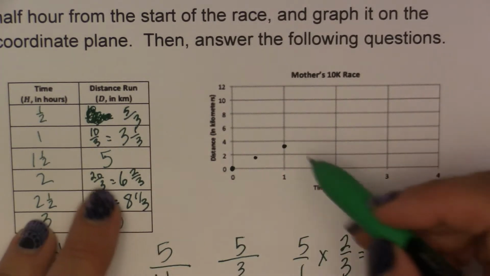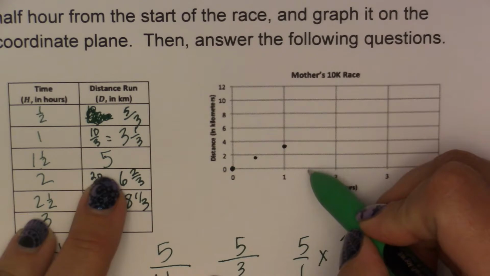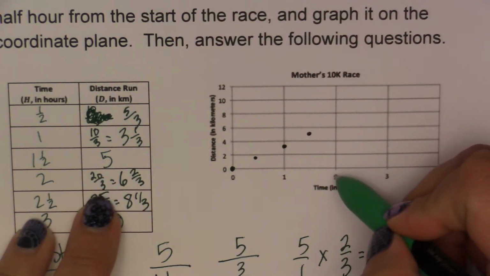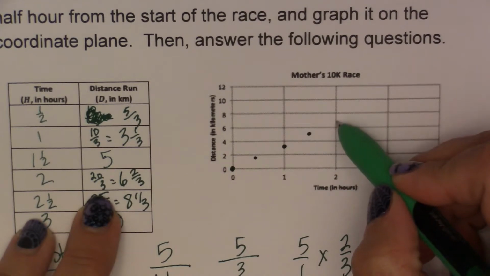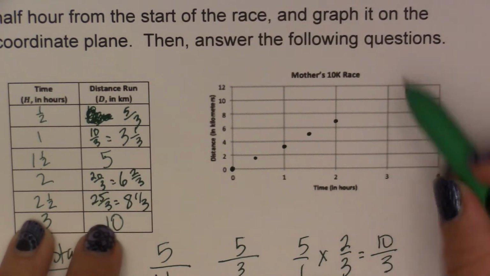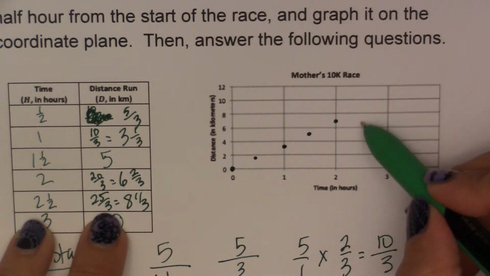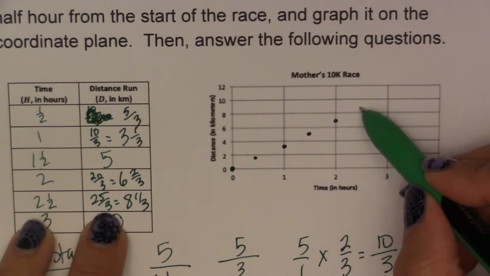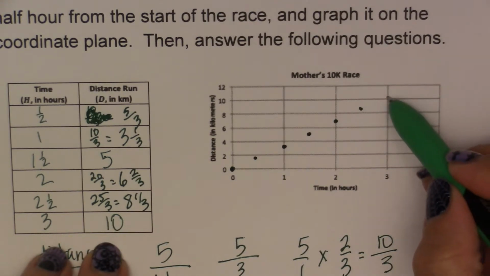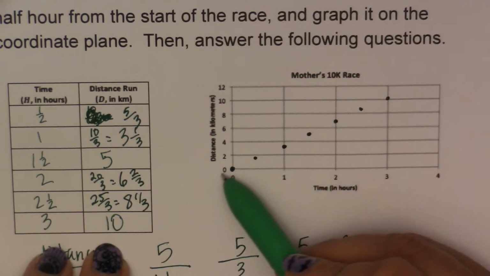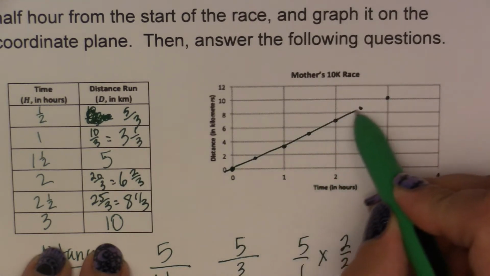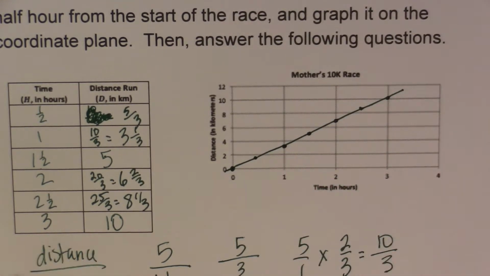There's going to be some human error. It's not going to be exact. 1 1/2 and 5. 2 and 6 2/3, just kind of below halfway. 2 1/2, 8 1/3, so just above the line. And then 3 and 10. So let's see how close I got. There we go, there's our graph.